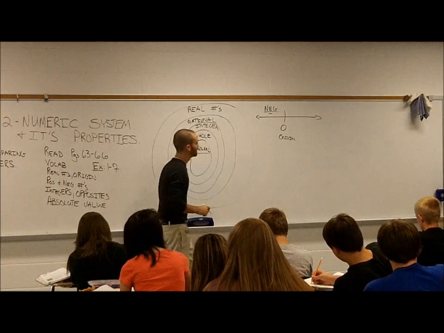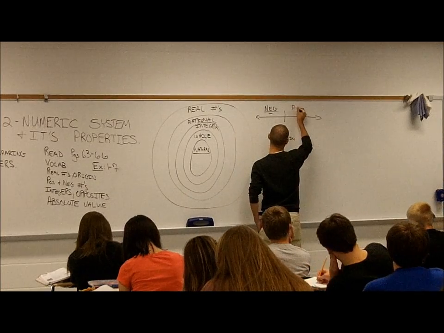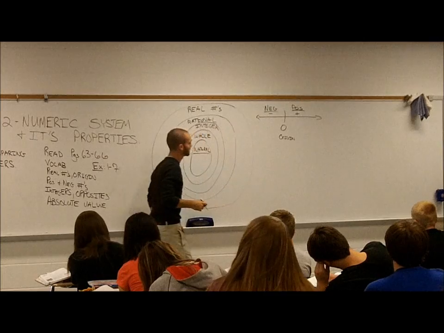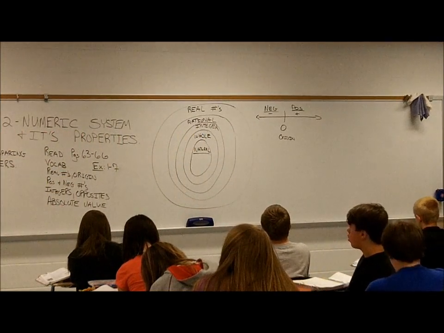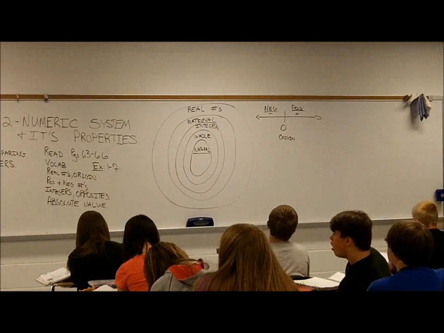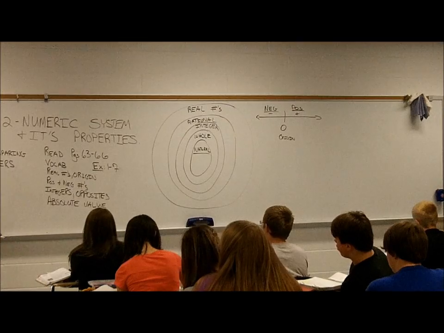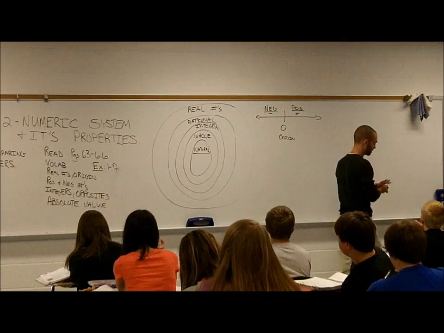Negative. And the positives. So what represents positive? The addition symbol. Okay? So you notice, positive is to the right, negative to the left. Positive to the right, negative to the left. Perfect.